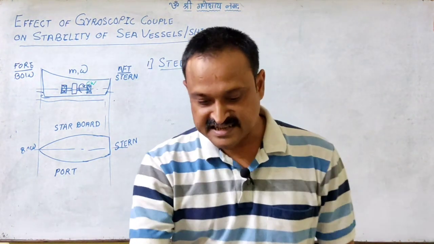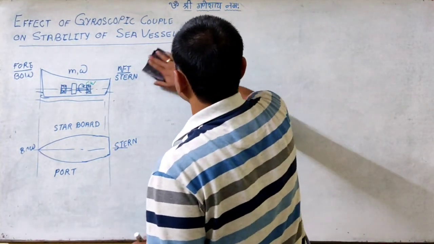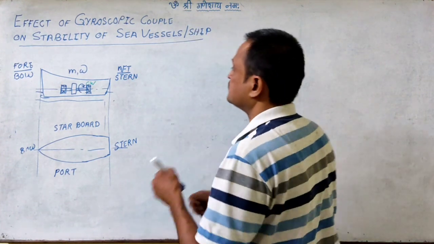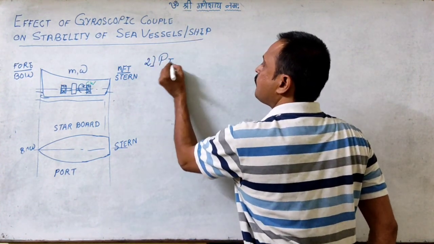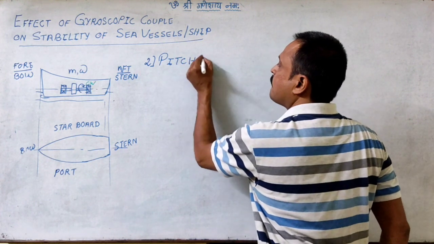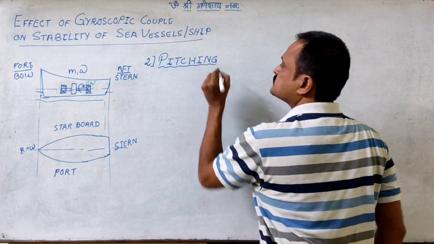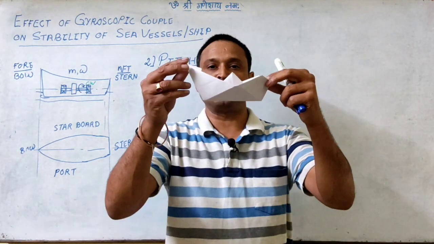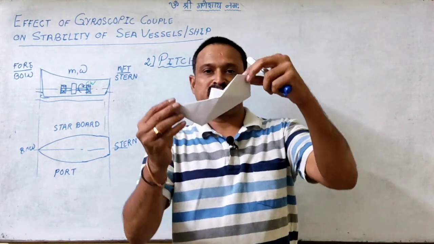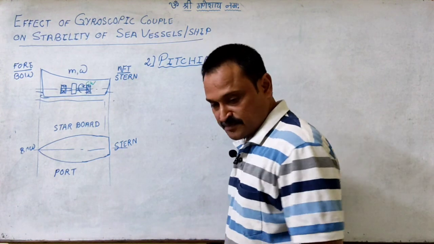So now let's analyze the condition for pitching. So what is the pitching condition? As I have shown you, this is the boat. So the bow is rising and falling on the waves, right?